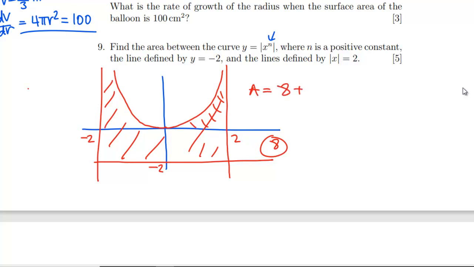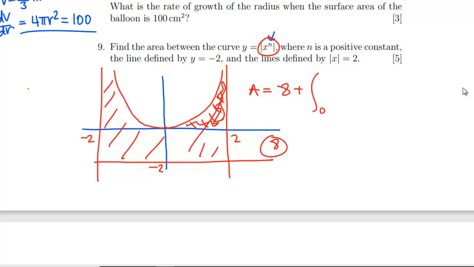The reason I'm doing 2 lots of that is when we integrate this thing, we don't really want the mod sign on it. And if we've got an odd number, then we're going to get negative for the -2 to 0 bit. And we don't want that because it's just going to cancel out. So if we just take this area on the positive side, we can double it up and we don't have to worry about our odd powers or the modulus.